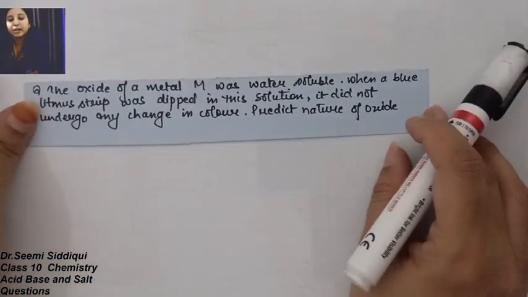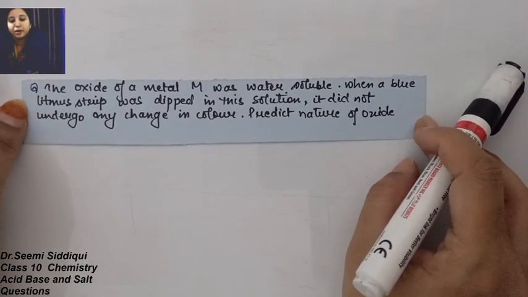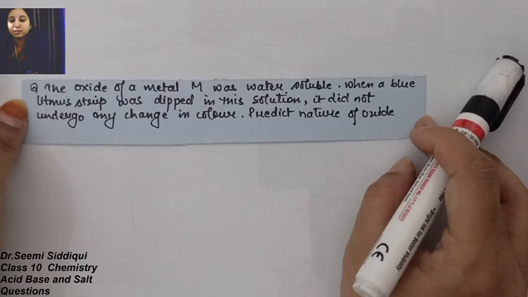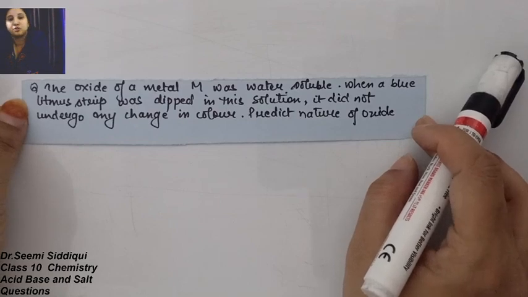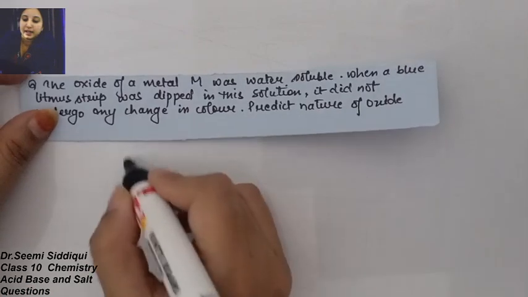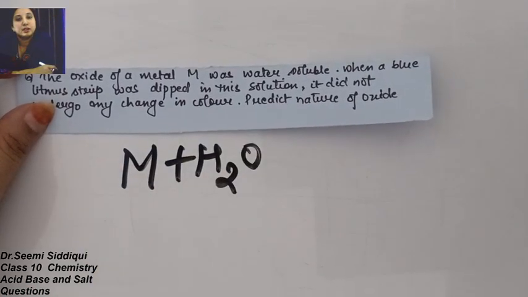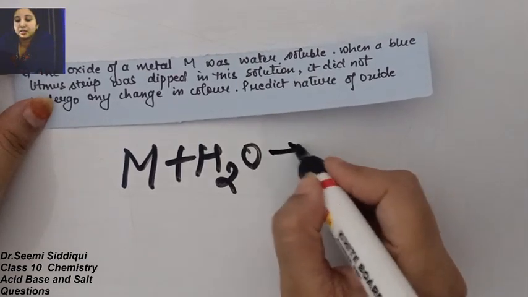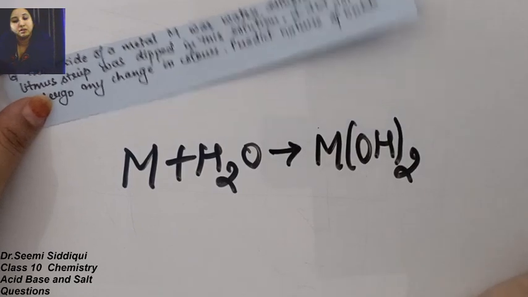The oxide of a metal M was water soluble. When a blue litmus strip was dipped in this solution, it did not undergo any change in color. Predict the nature of oxide. A very simple question it is. M is going to dissolve in water. When it dissolves in water, we will have the hydroxide.